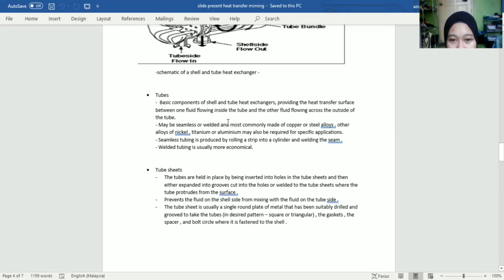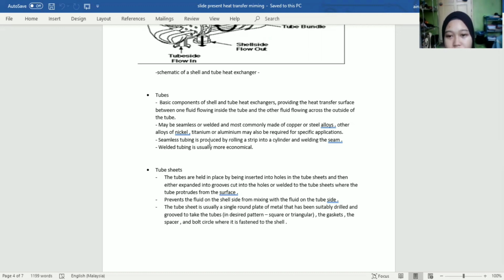May be seamless or welded and most commonly made of copper or steel alloy. Other alloys of nickel, titanium, and aluminum may also be required for specific applications. Seamless tubing is produced by rolling a shaft into a cylinder. Welded tubing is usually more economical.